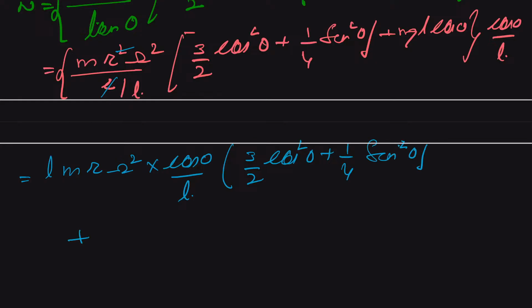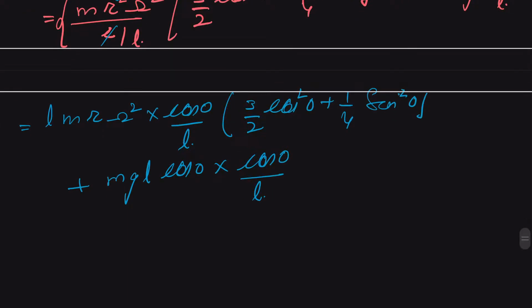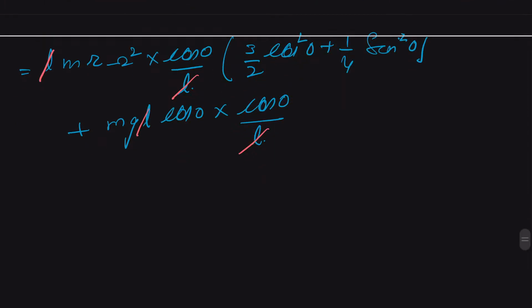This comes as plus mgL cos of theta multiplied by cos of theta upon L. And this L and L cancel out.